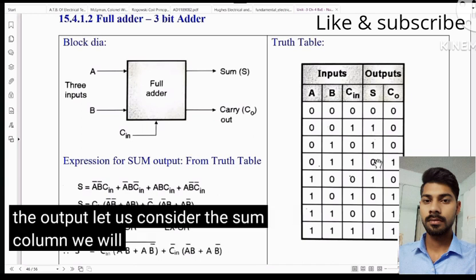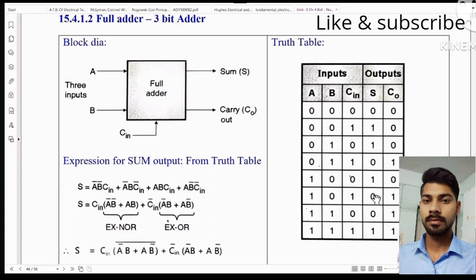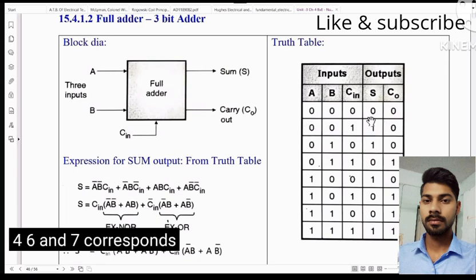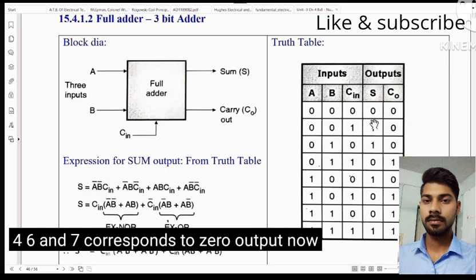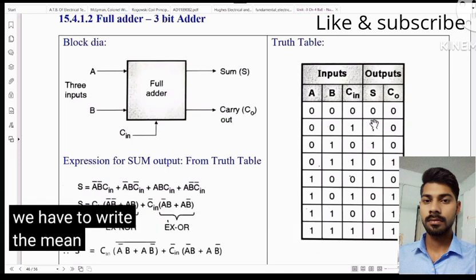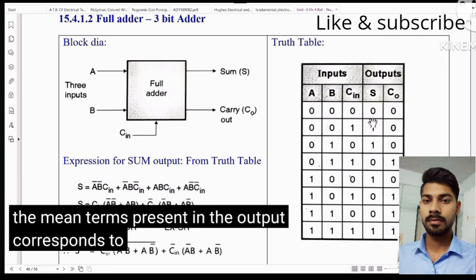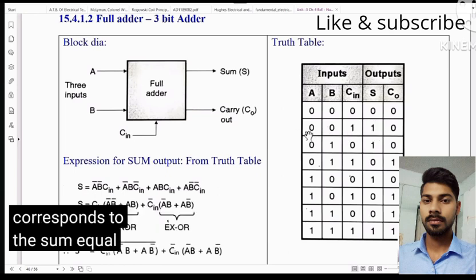We will ignore row numbers 1, 4, 6 and 7 corresponding to 0. Now we have to write the min terms present in the output corresponding to the sum equal to 1 output rows.